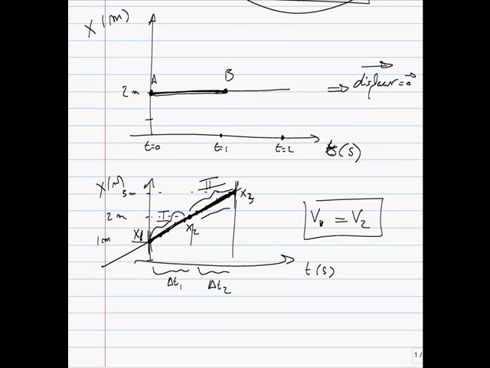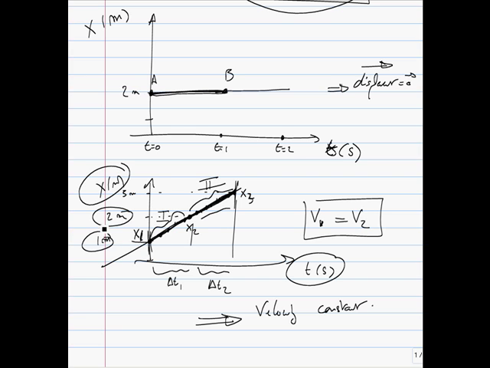So whenever you have a straight line in an x versus t graph, you can always deduce that the velocity is constant. If the slope is going up, in this particular case, you know that you went from one position to another in the positive direction. Therefore, you increase your displacement, which is positive. Therefore, your velocity is also positive.